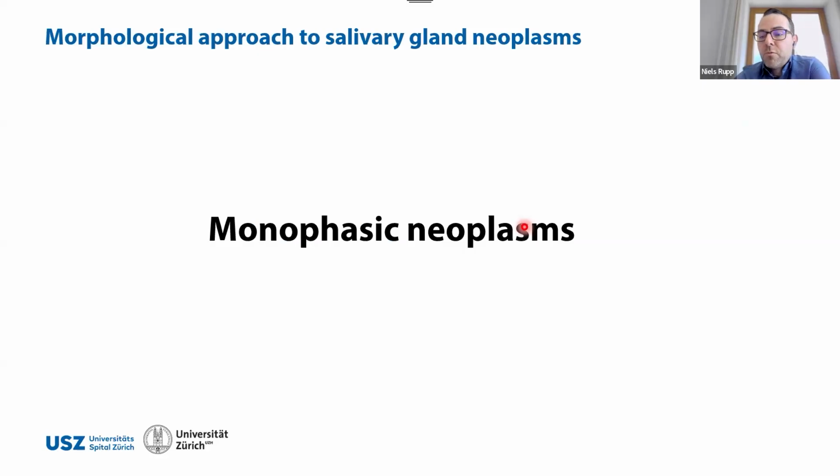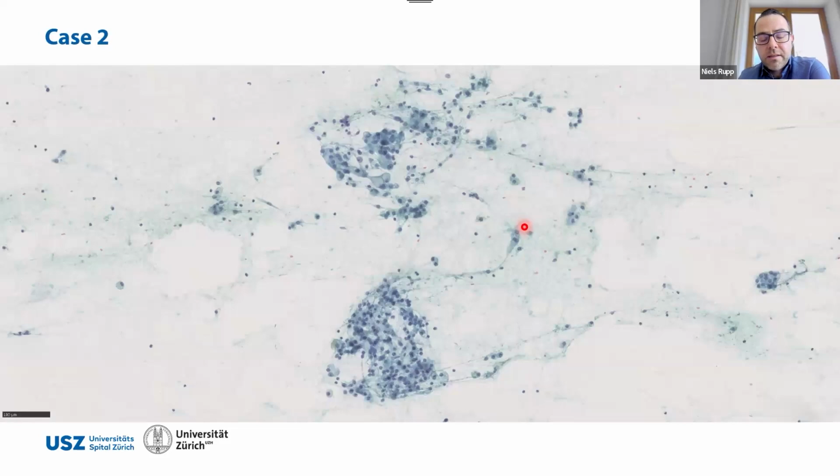Okay, so this was one example from the oncocytic group. So I want to continue now with the monophasic neoplasms, which means that there's only one cell type. And here's one case from our routine from the parotid gland. And you can see here there are epithelial complexes, in particular with slightly atypical nuclei, and certainly lots of intracytoplasmic vacuoles.